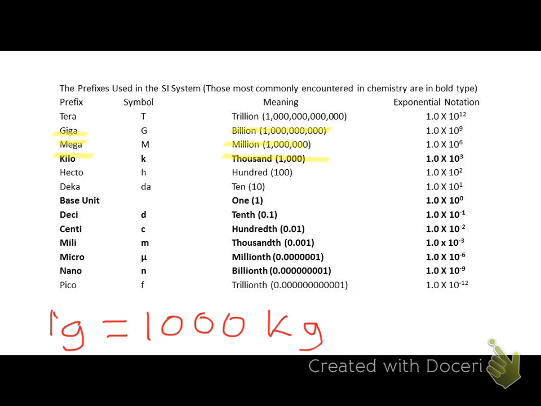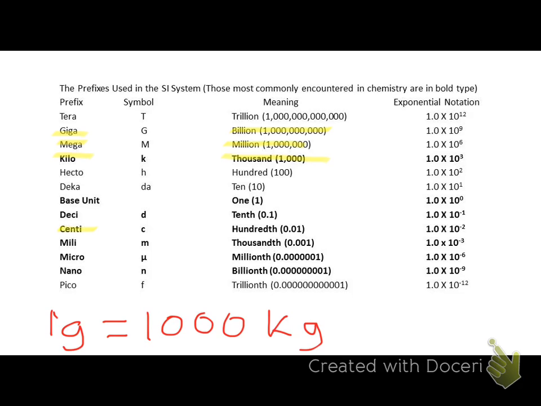Well, mega is 1 million base units. So let's turn to length. The base unit for length is the meter, which is equal to 1. So if I have a megameter, that means I have 1 million meters.